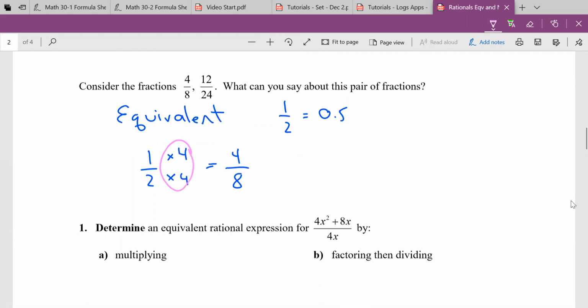When we multiply numerator and denominator by the same amount, we're not changing the value, we're simply changing how it looks. Because multiplying numerator and denominator by 4 over 4, well, 4 divided by 4 is 1. So we're not changing the value, we're simply changing how the fraction looks.